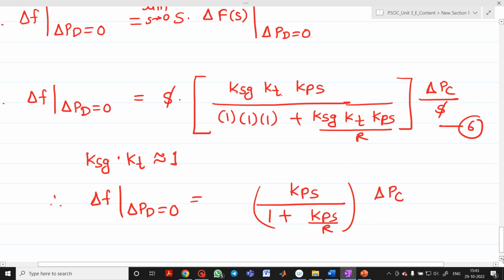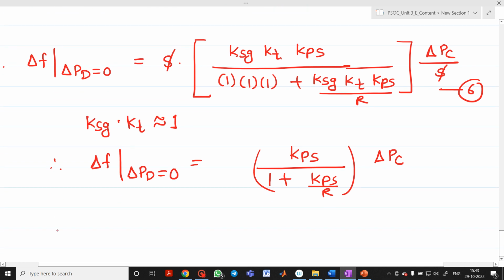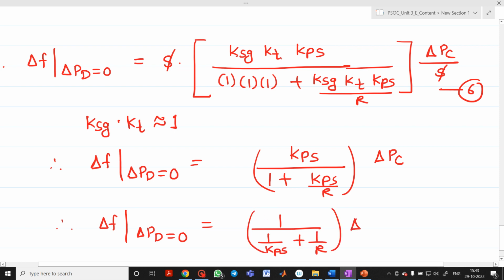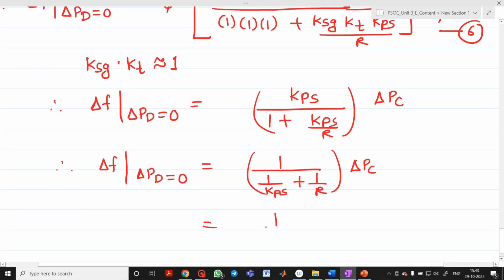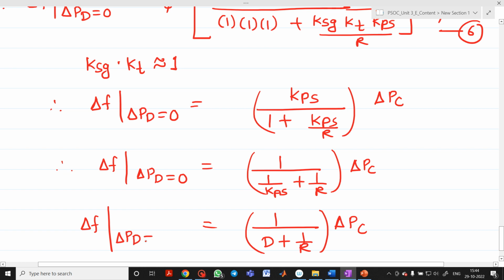If I divide numerator and denominator by KPS, I get 1 upon KPS plus 1 by R, into delta PC. We know 1 upon KPS is equal to D. So I got D plus 1 by R into delta PC. So here this is delta f when delta PD is equal to 0. This is expression number 7.